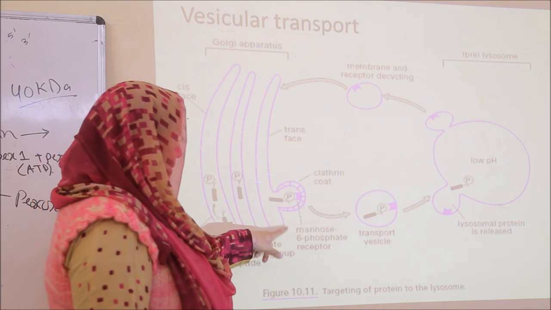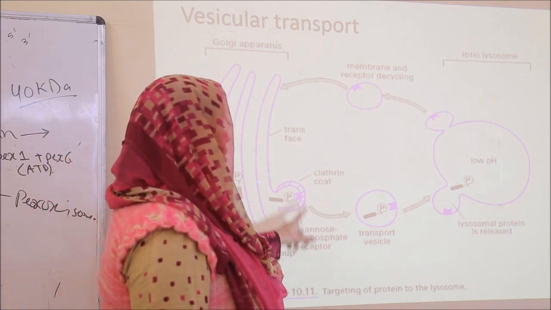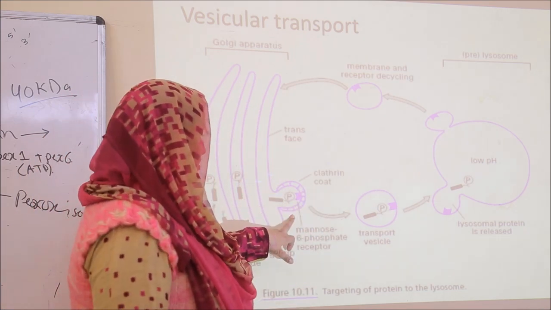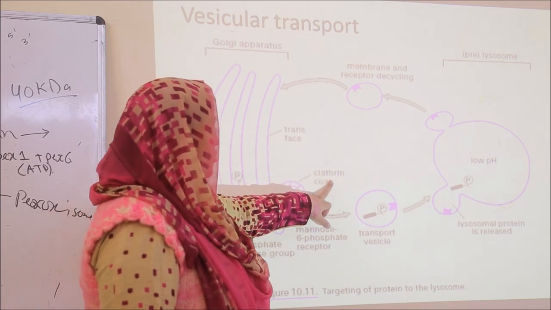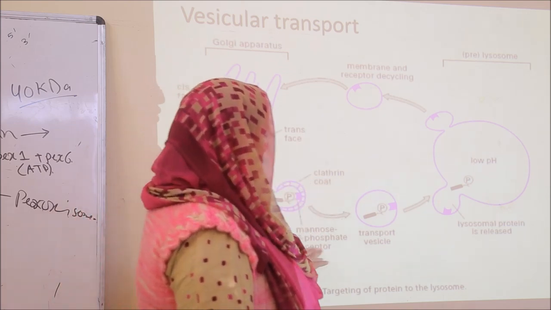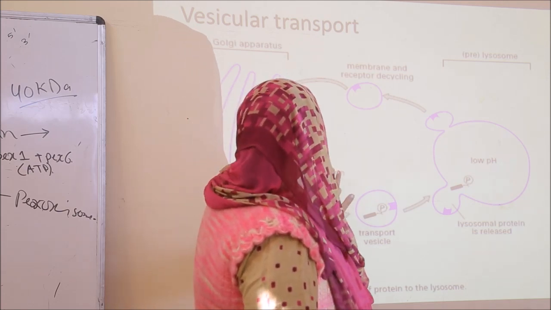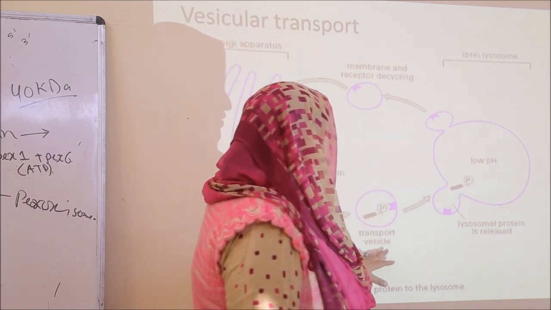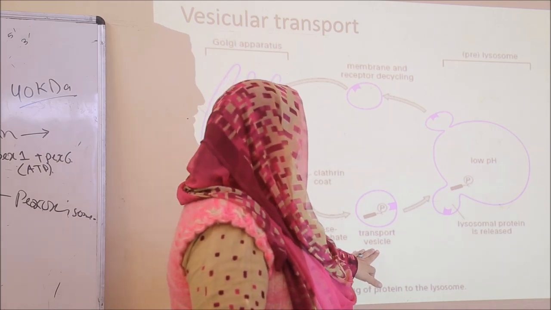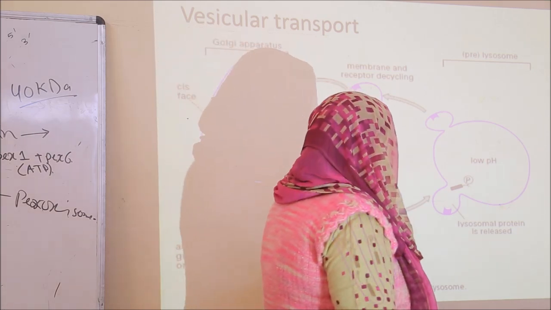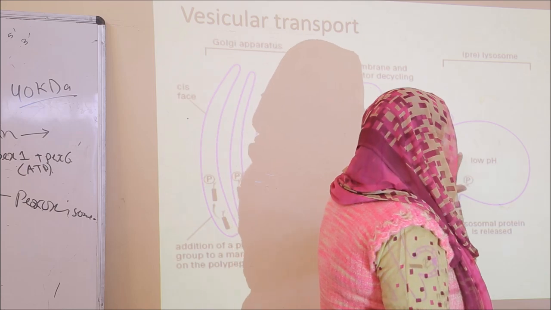Then the polypeptide chain along with the mannose receptor forms a bud-like structure which has a coat of clathrin. When this bud pinches off from the Golgi bodies, they form a vesicular membrane system. Then they get attached to the lysosomes.